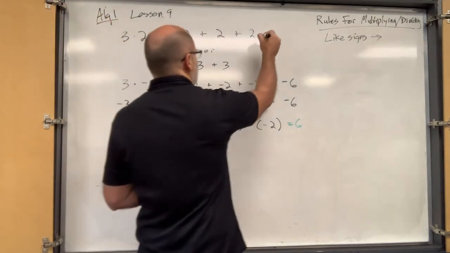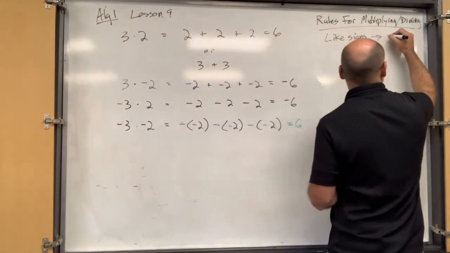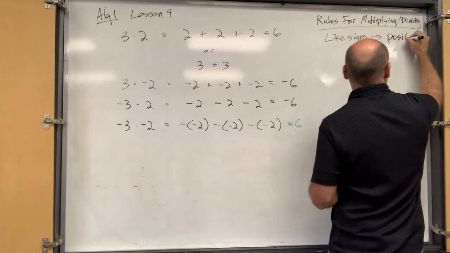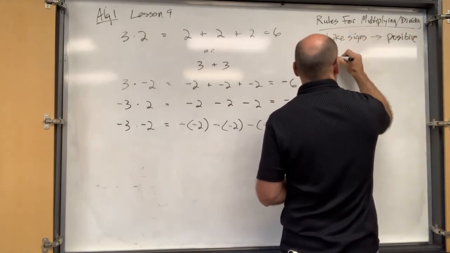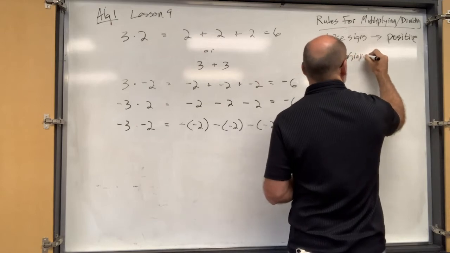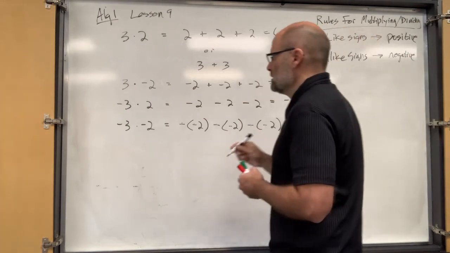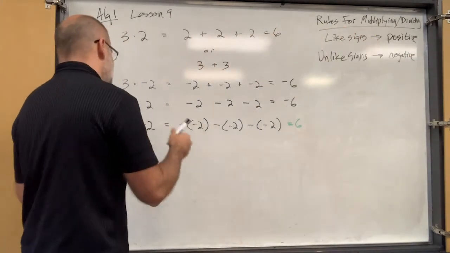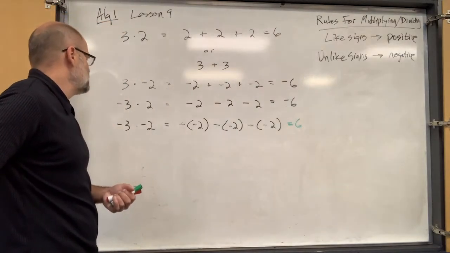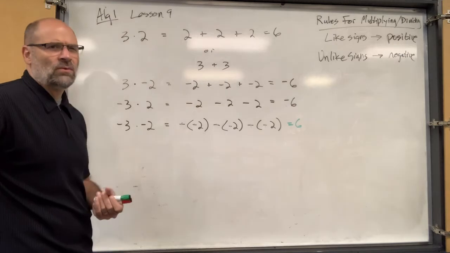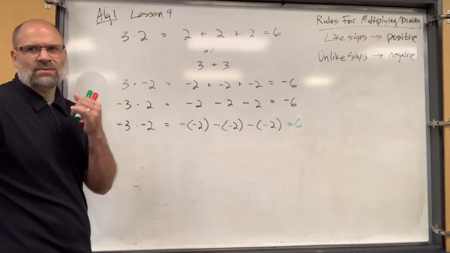You're always going to end up with a positive, right? So if you have unlike signs, doesn't matter what order or which one's bigger, you're always going to end up with a negative answer. So if it's 3 times -2 or -3 times 2 or -2 times 3 or 2 times -3, it doesn't matter what order and which one's bigger, like it does with addition, it's always negative.